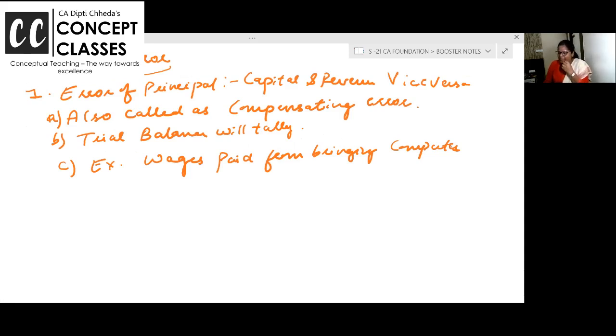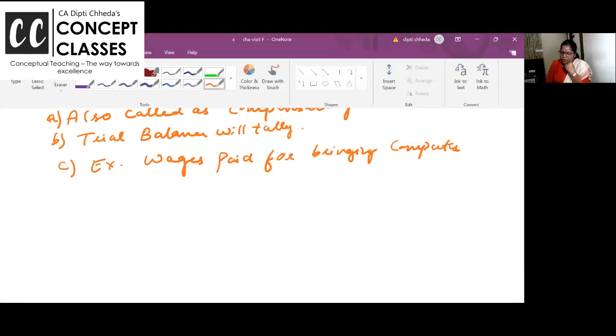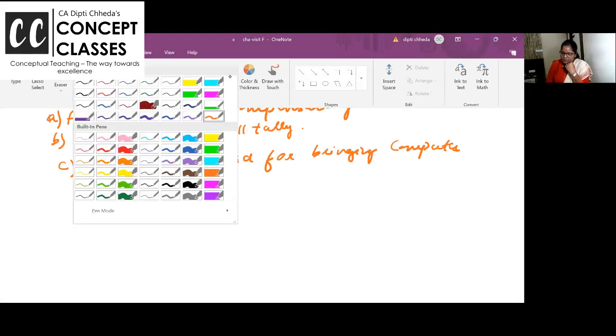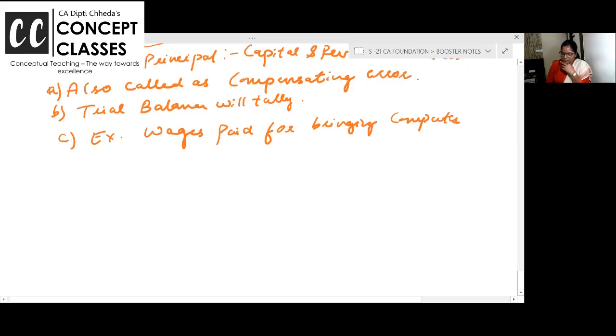So wages paid for bringing computers, debited to wages account.